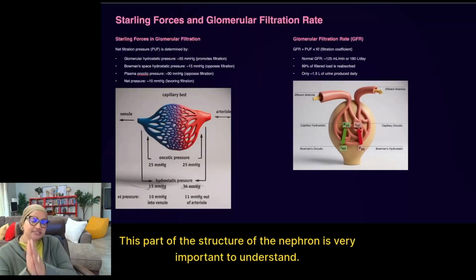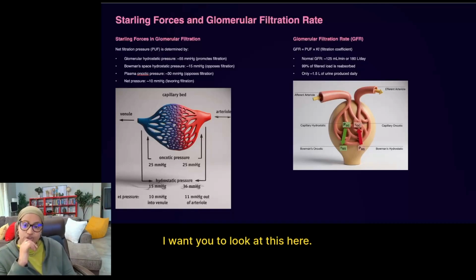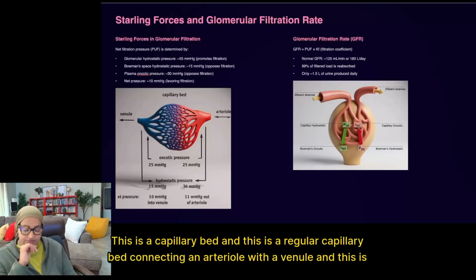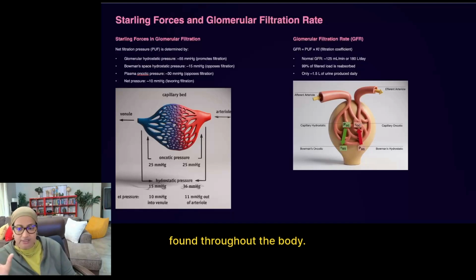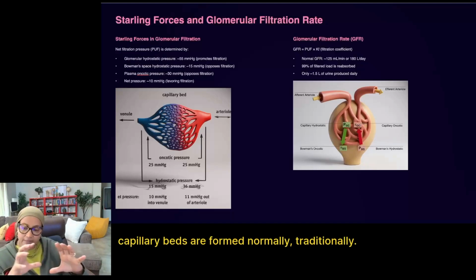Now, I want to bring you to this area. This part of the structure of the nephron is very important to understand. Look at this here. This is a regular capillary bed connecting an arteriole with a venule, and this is found throughout the body. This is how capillary beds are formed traditionally.